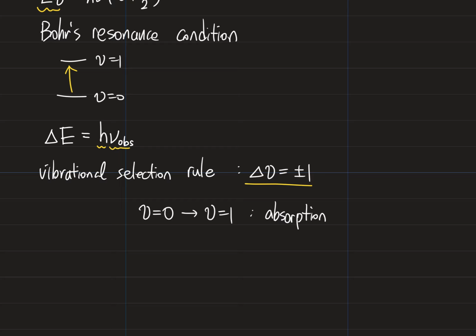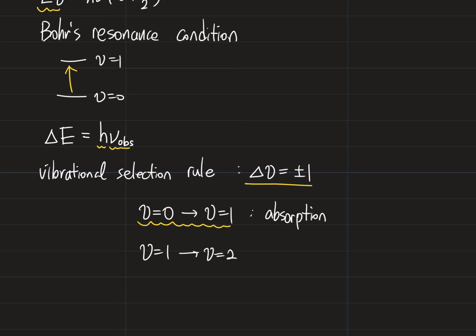So we also discussed that later, but this is the exact transition of what you observe in the IR spectrum. You might think that v equals 1 to v equals 2 is also a vibrationally allowed transition.